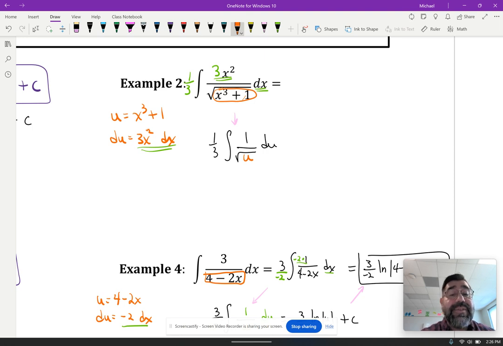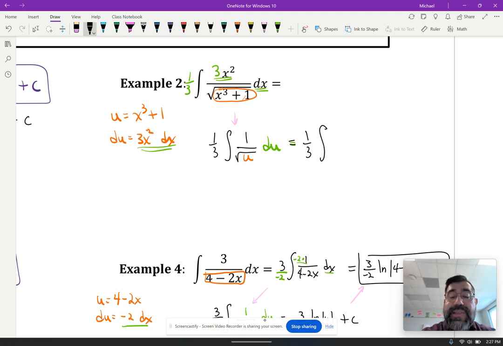Can I take the antiderivative? Sure, I'm going to need to rewrite it, but I can take the antiderivative. By the way, let me do this in green because I've been doing the du in green, just so that you can see. This replaced all of this that's double underlined, because all of this that's double underlined is what du equals. So it's a clean exchange, right? I need to rewrite it here.